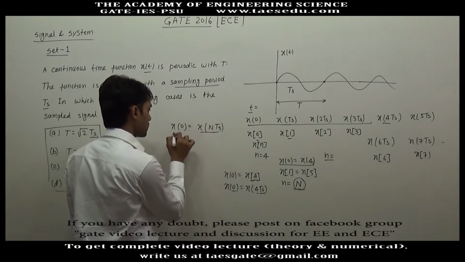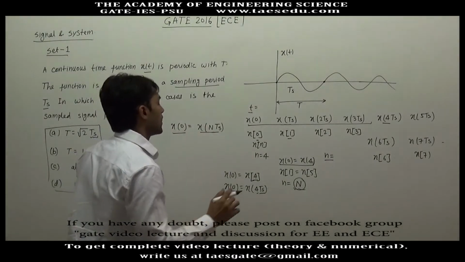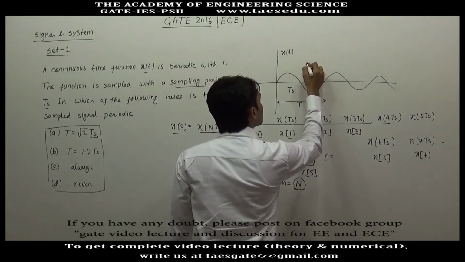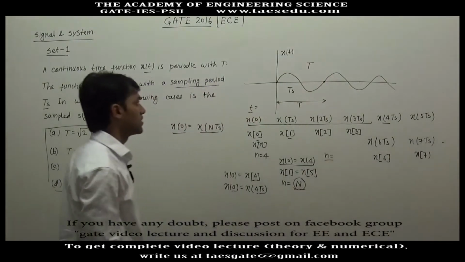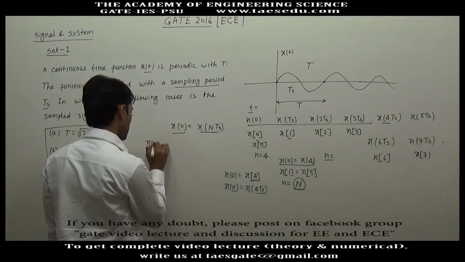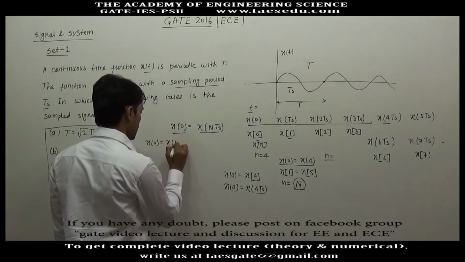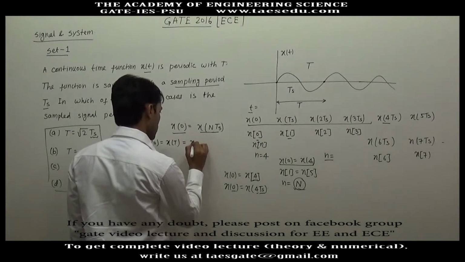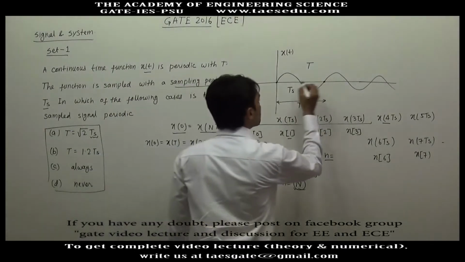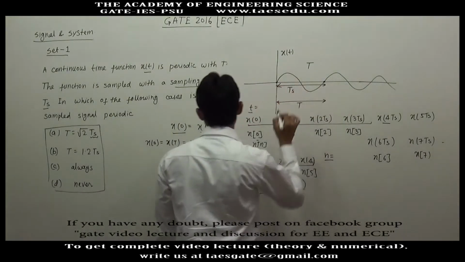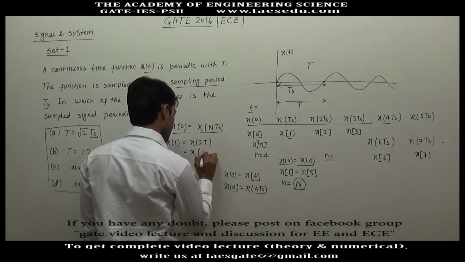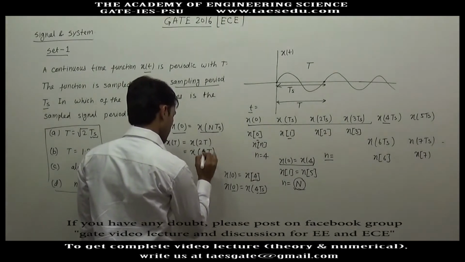These are samples of the continuous time signal, and it is given that this continuous signal is periodic with capital T. So x0 will be equal to x(T), which will be equal to x(2T), because it will repeat after T, and this will be equal to x(kT) for any integer k.